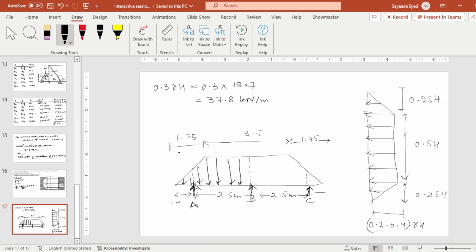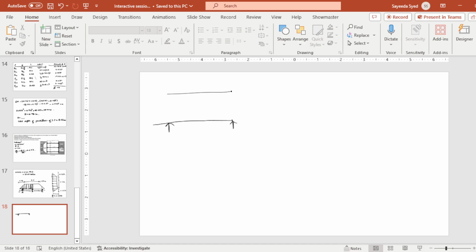Like it's not a beam, but for analysis purposes we can assume it as a beam. This will be A and this will be B1, and then again we will have B2 and C. So the load on B will be the sum of B1 and B2.